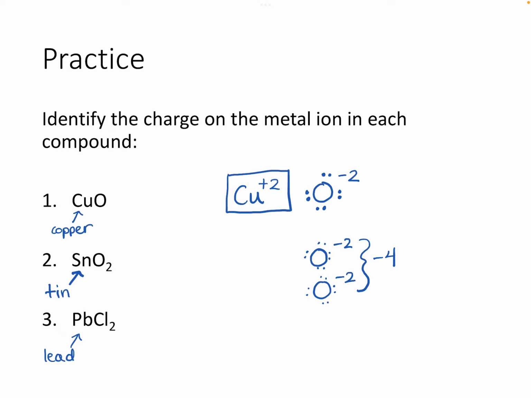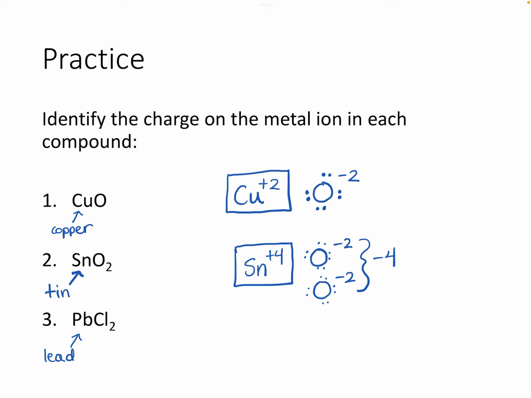And we only have 1 tin ion. So what is the charge on tin in order to balance the oxide ions? +4. So tin can have either a +2 or a +4 charge, and again, it just depends on what it's bonded to.